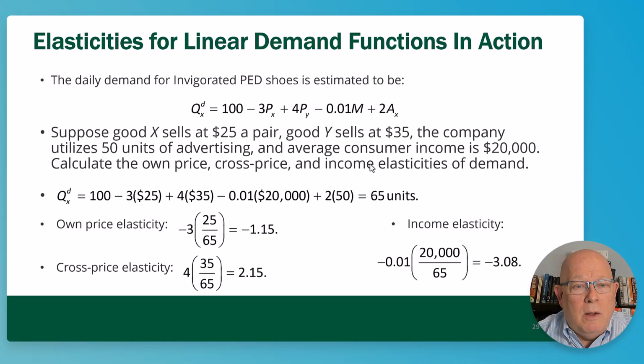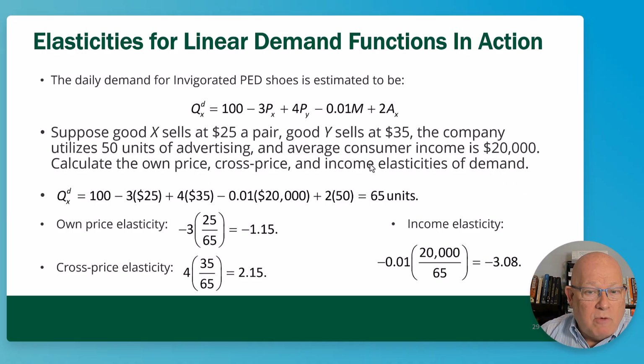Let's put some meat on that. Let's do a calculation. Say we're a shoe company producing a particular shoe, the Invigorated Ped shoes, and they typically sell for $25 a pair. But there's another shoe that people could buy. We'll call that Y, and it sells for $35 a pair.